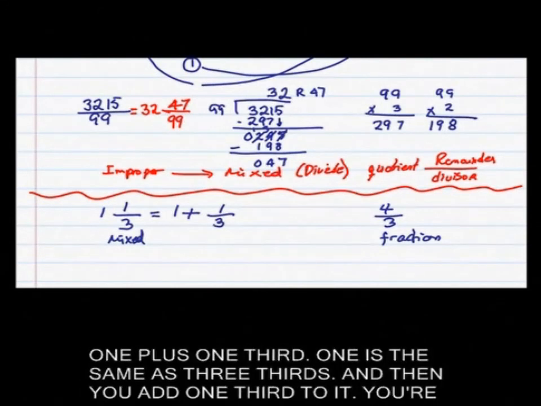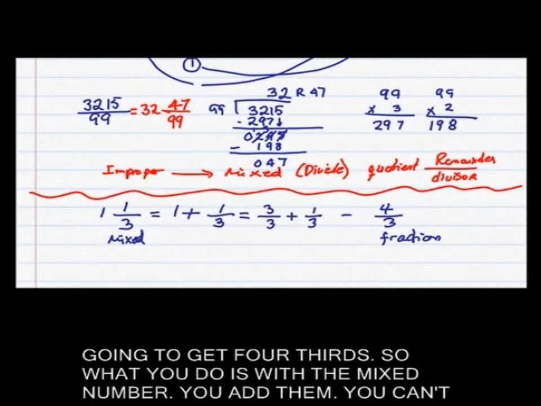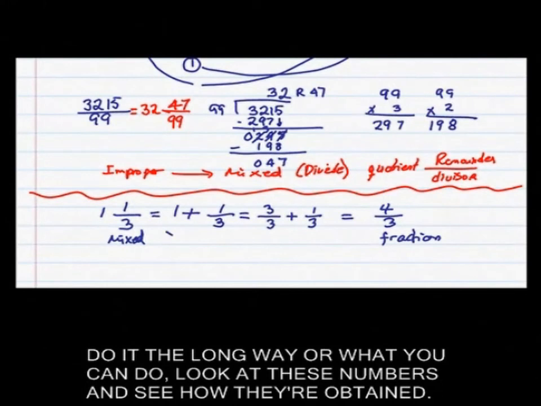1 and 1/3 means 1 plus 1/3. 1 is the same as 3/3. Now you add 1/3 to it, and you're going to get 4/3. So with the mixed number, you add them. You can do it the long way, or you can look at these numbers and see how they're obtained.